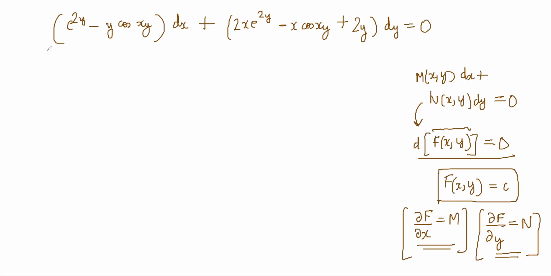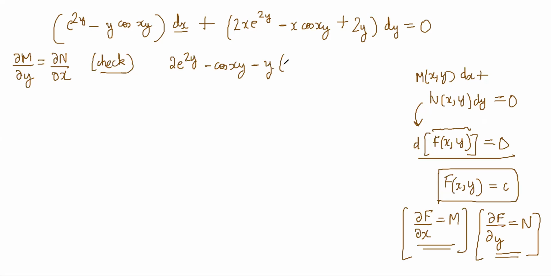The first thing here is whether this is possible or not. To check that, we have to just check dou M by dou y, because x was with M, should be equal to dou N by dou x. This is just a check. With respect to y, it becomes 2 e power 2y minus cos xy minus y into minus, okay, wait, I made some mistakes.